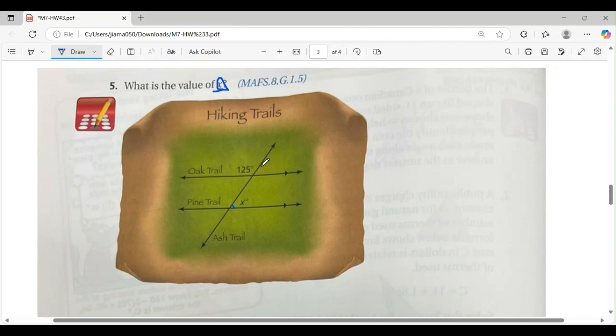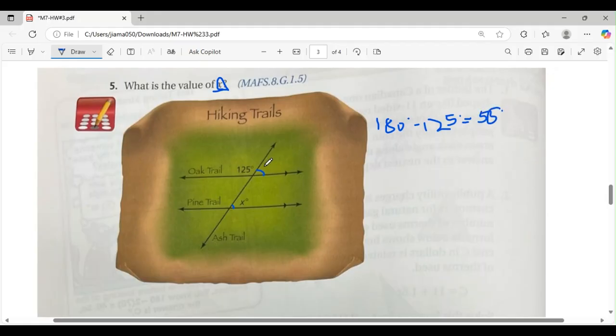Okay, we should find this angle first, which is 180 degrees minus 125 degrees, which is 55 degrees.